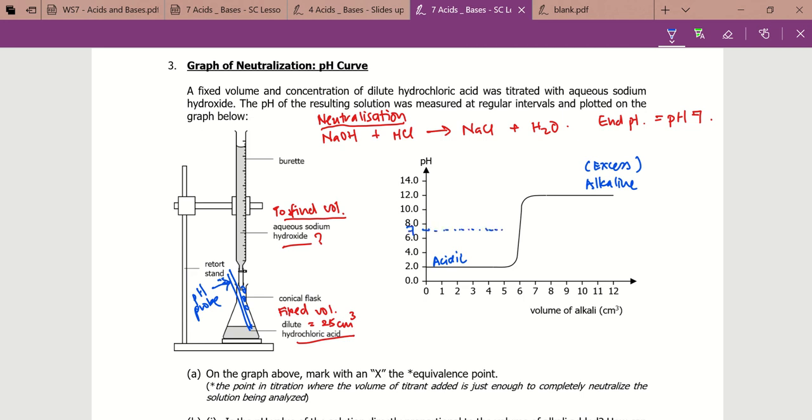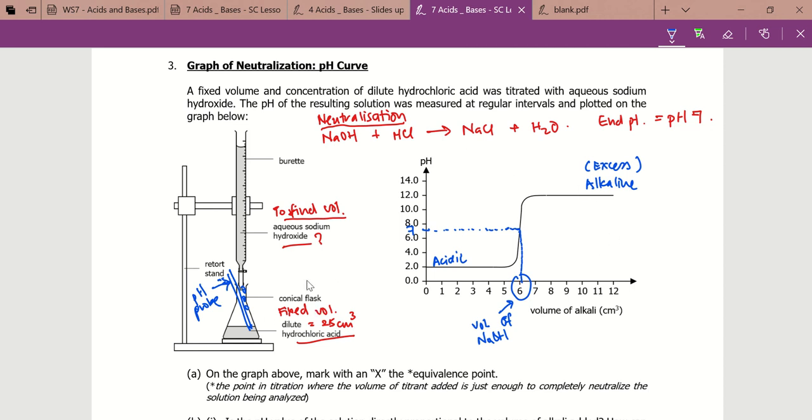If I have a graph like this, I'm able to interpolate across and then downwards to find out the volume of NaOH required to neutralize the volume of hydrochloric acid.